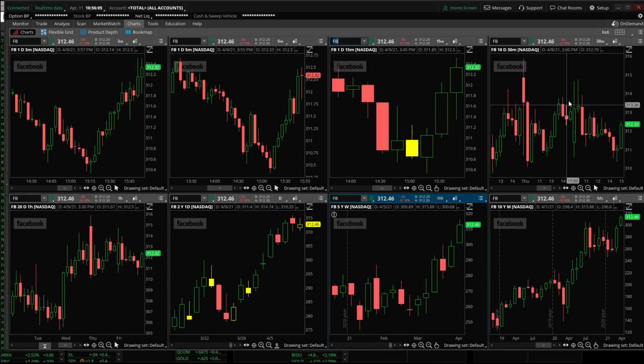Coming back up here to the top right, we have the 30-minute, the 15-minute, the 5-minute, and the 3-minute. The 4 major time frames when we're talking about the strat and time frame continuity are these 4 on the bottom. The month, week, day, and hour.